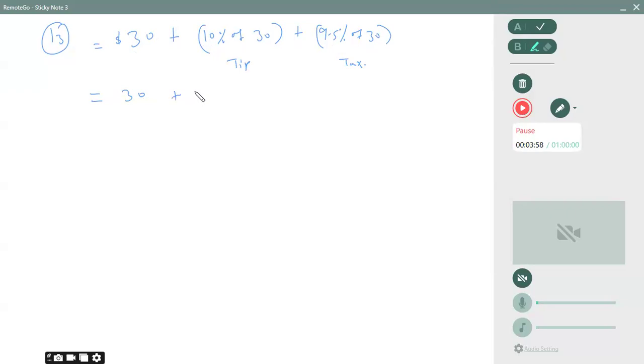So that is 30. 10% of this, somebody with a calculator help us. That's 3. Then plus 2.85. So in total, it becomes 35.85.